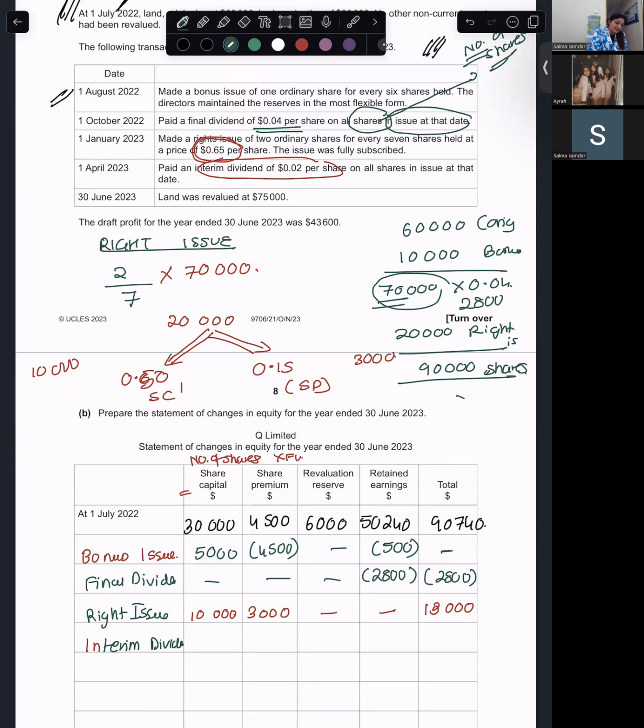I have given a dividend of how much? 0.02, so 90,000 into 0.02 is 1,800. I will give the interim dividend from where? Retained earnings. So you will deduct from retained earnings and you will deduct from the total.